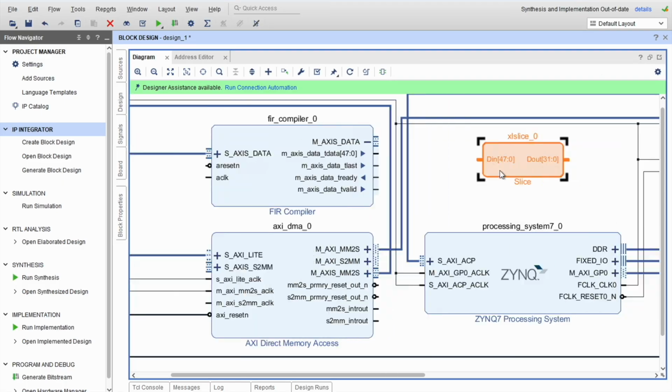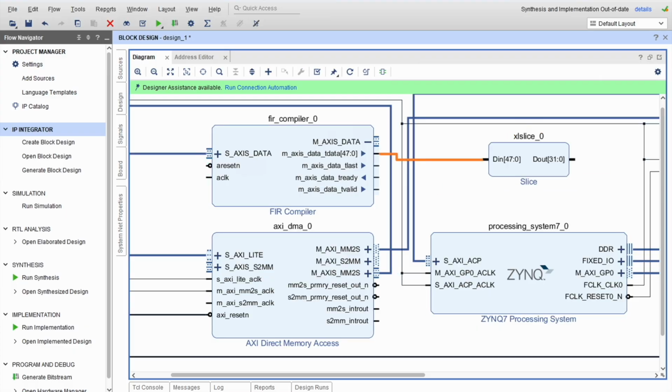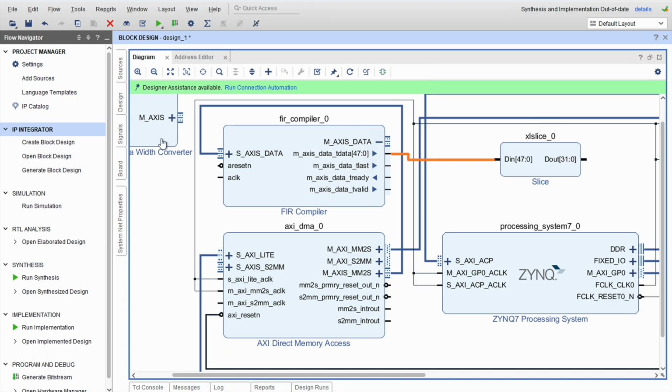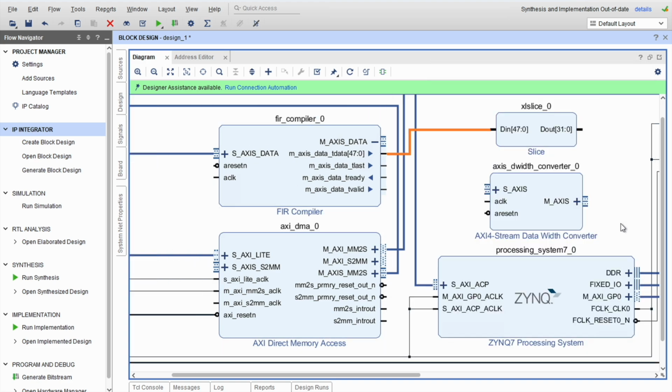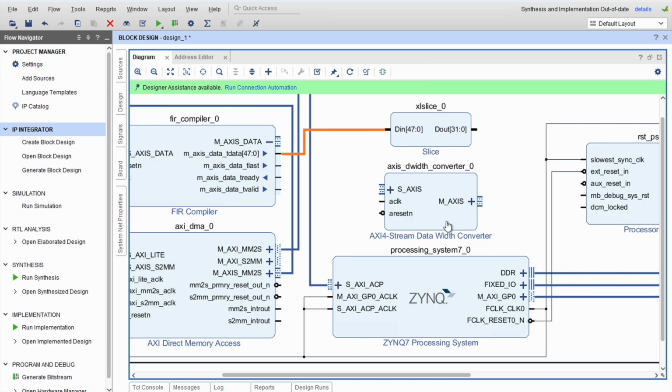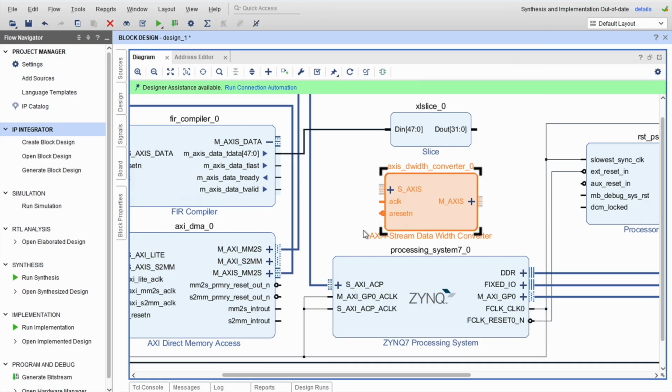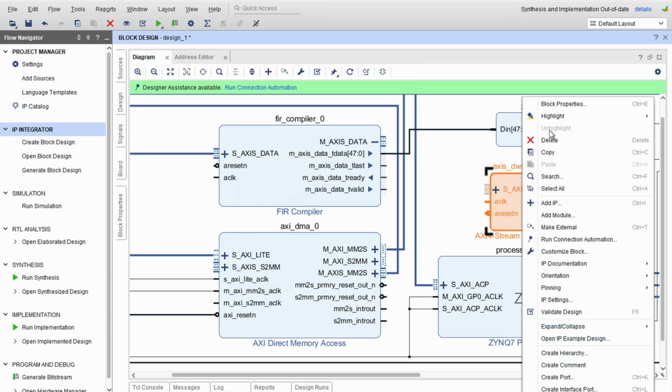I will add the slice over here, connect the M-axis data T data to the slice, and I will add a width converter or a stream data width converter along with it, as we need to change this. Oh yes, I'm really sorry, we do not need the width converter.